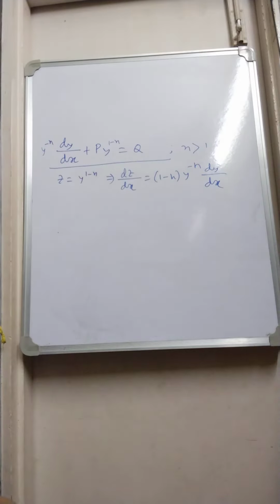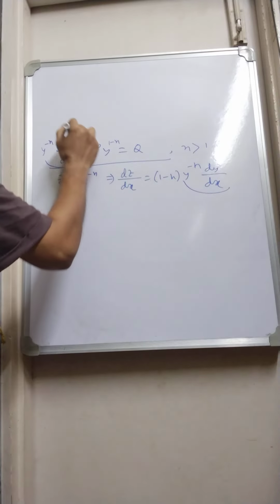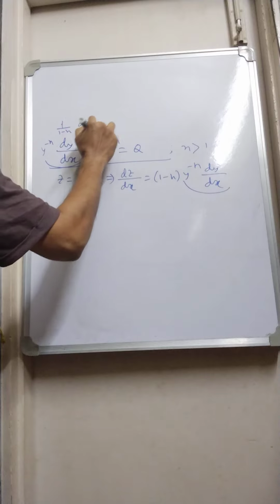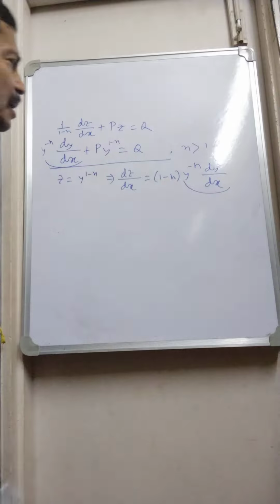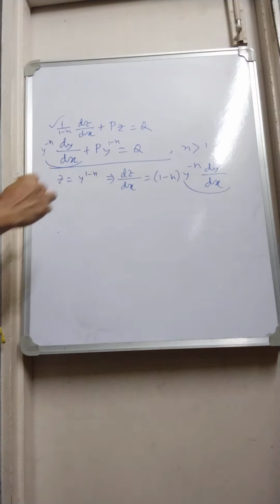Okay, and this is actually this, so we can replace this with dz/dx, and this gets back to the previous form, isn't it so? So this is a very simple exercise, and this form is called Bernoulli's equation.